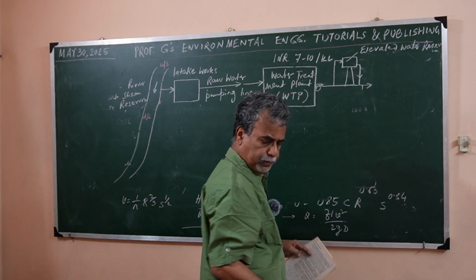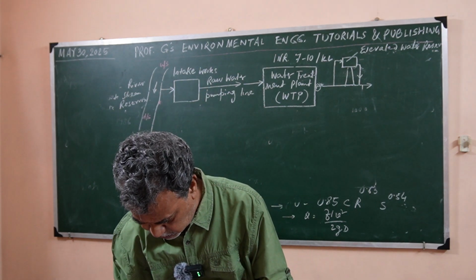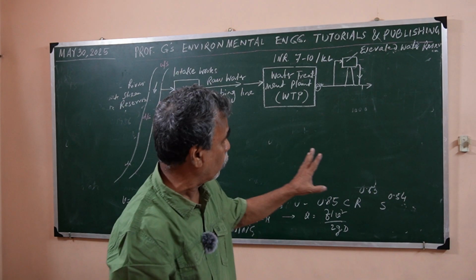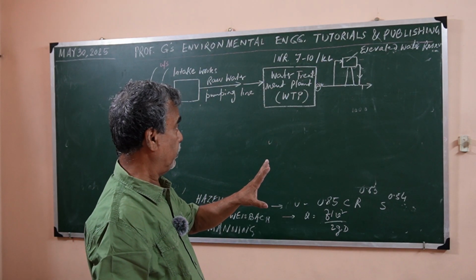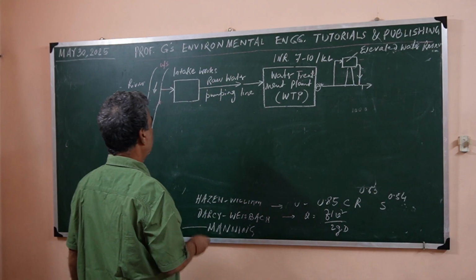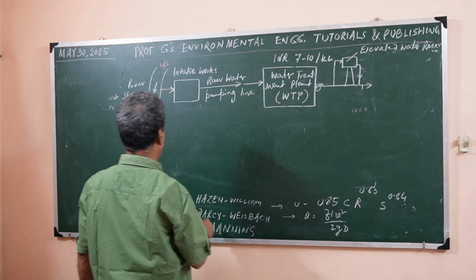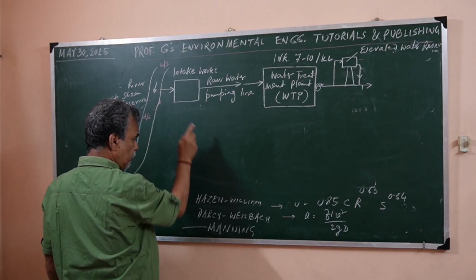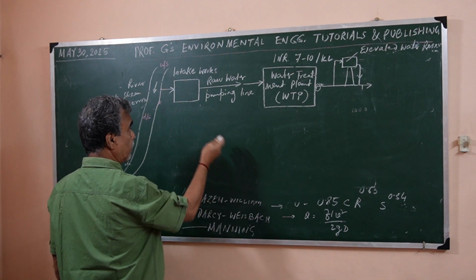Now the distribution system that I have discussed already with reference to the water supply system. Let me repeat once again the major difference between the two systems, the sewerage system and the water supply network.